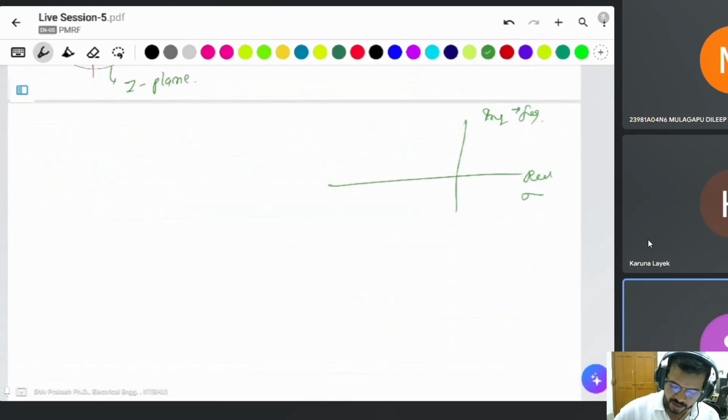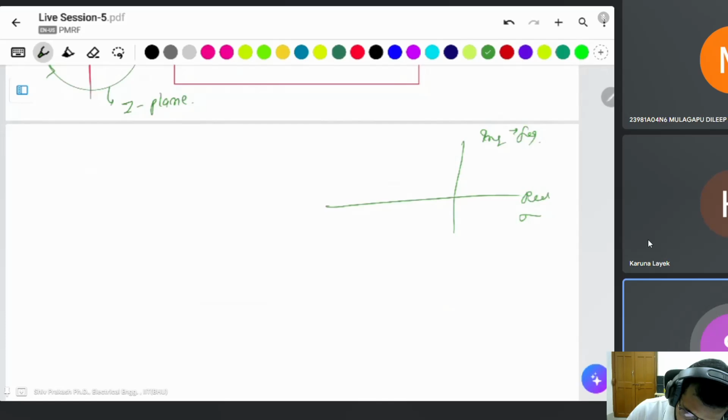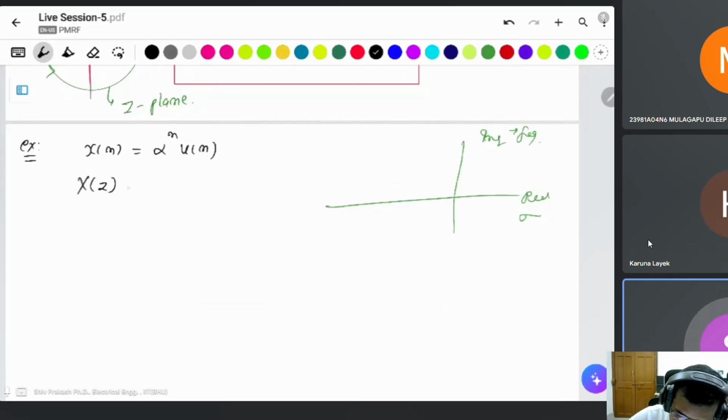Okay. For example, I take an example also to find the Z transform. Like x[n] is equal to alpha power n u[n]. Same thing like 2n. Then to find the Z transform of this one, same thing. Take n equals minus infinity to infinity alpha power n u[n] into z power of minus n.